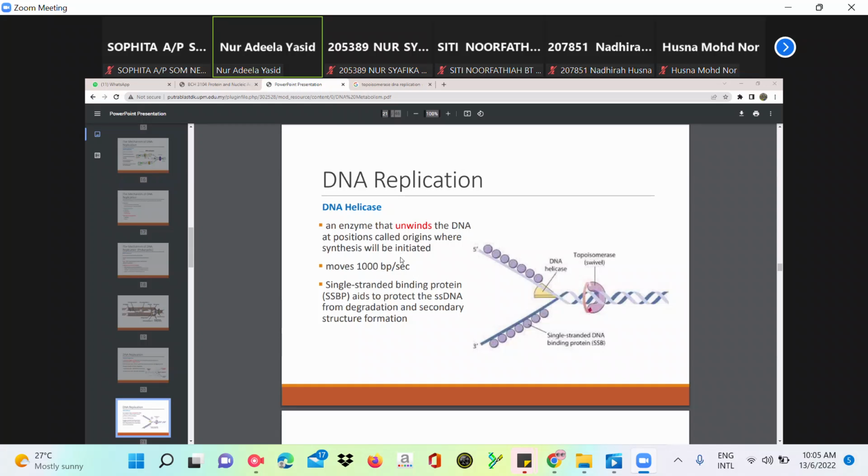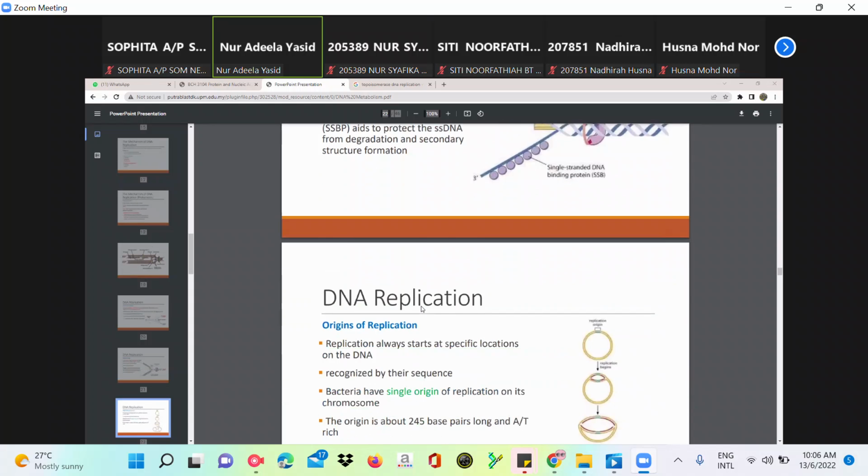And once the DNA helicase breaks down the double-stranded DNA, we have the single-stranded binding protein, which helps to protect the single-stranded DNA from degradation and secondary structure formation. So it also prevents the re-annealing of the single-stranded DNA back into double-stranded.